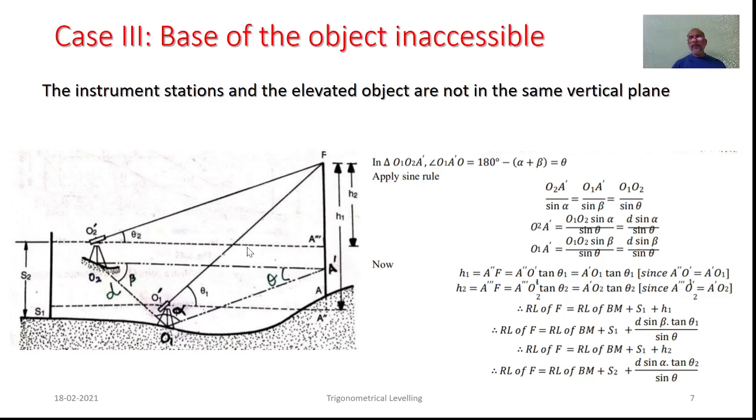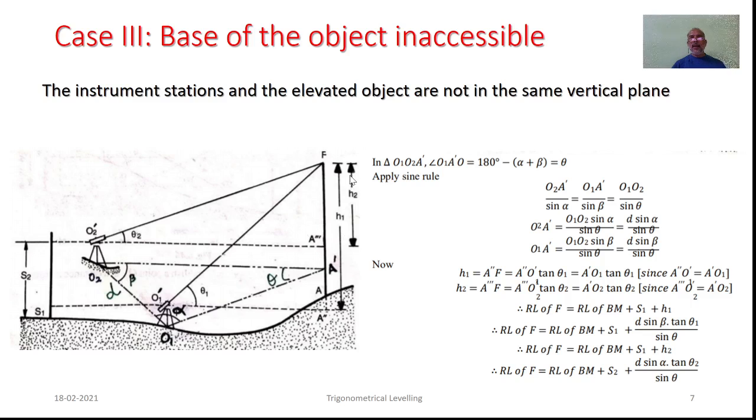So here, as we have set the equipment at O1, we can have this particular H1 expressed as the distance A double dash F, which is in turn A double dash O dash tan theta 1, which is nothing but A dash O1 tan theta 1.